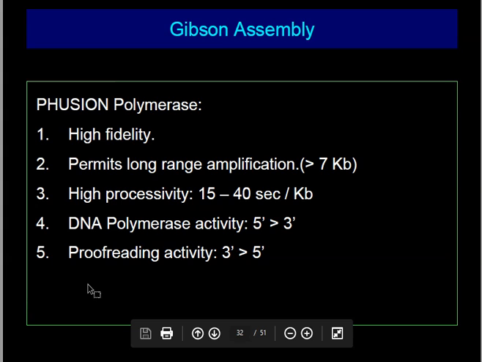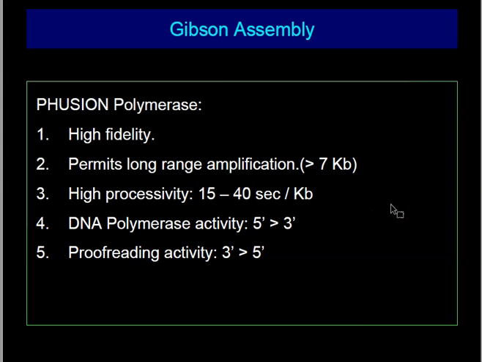The fusion polymerase is basically high fidelity, which means it reproduces the DNA exactly as it is. It allows a long range of amplification in the range of more than 7,000 bases, so this permits you to assemble large genes.